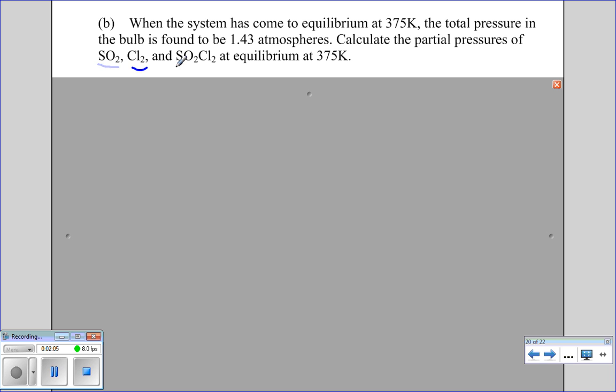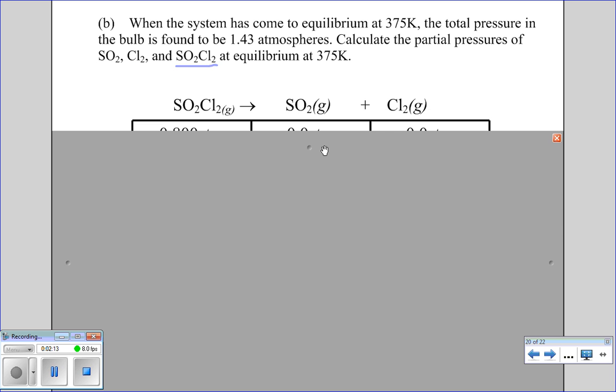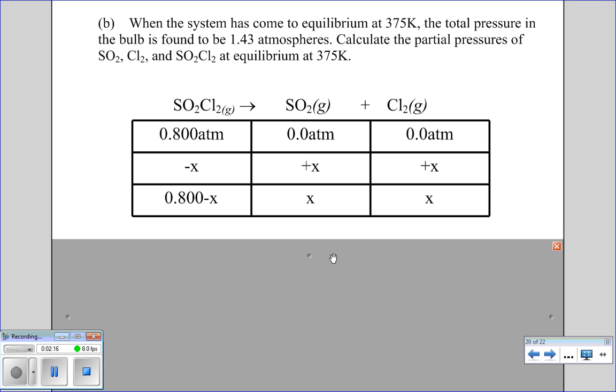And we know that the concentration of the sulfuryl chloride is going to be reduced by the same amount. So this is an ICE table. At the beginning, we know the pressure, and we know that the pressure of our other two are 0. We're going to lose x, and we're going to end up with 0.8 minus x. We're going to gain x, so each of those products will have a pressure of x.